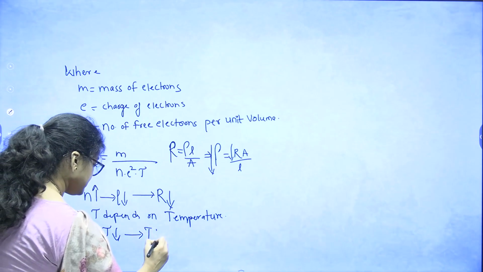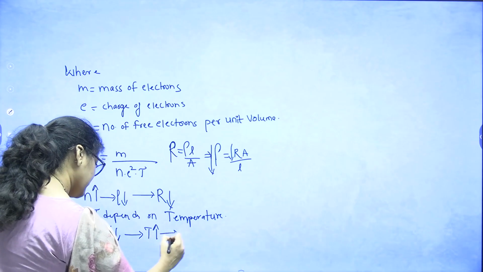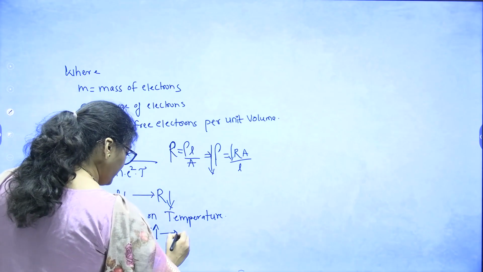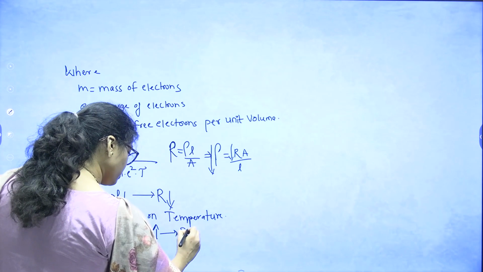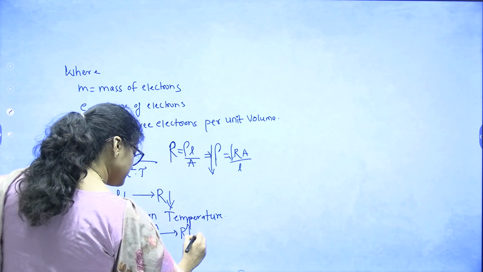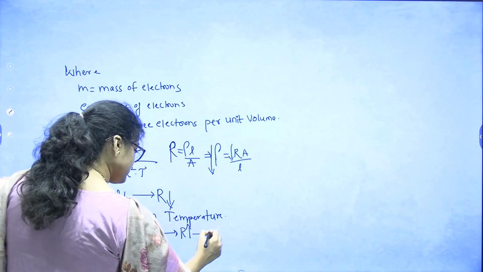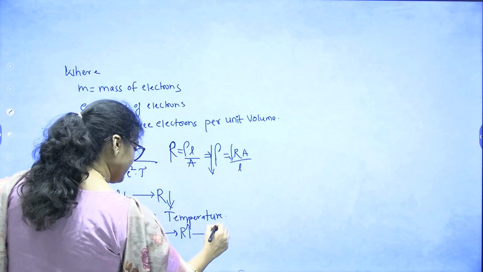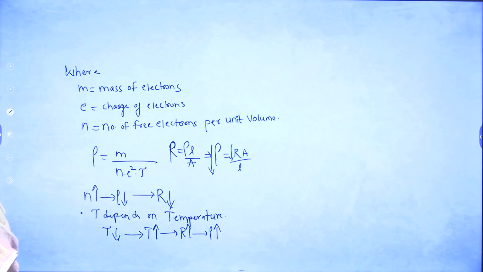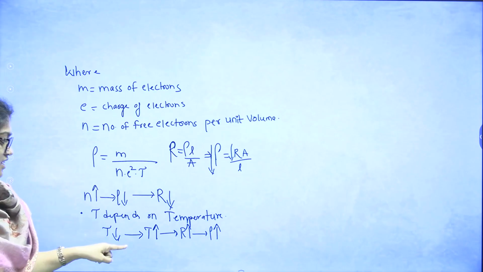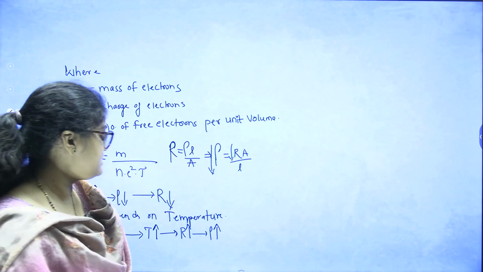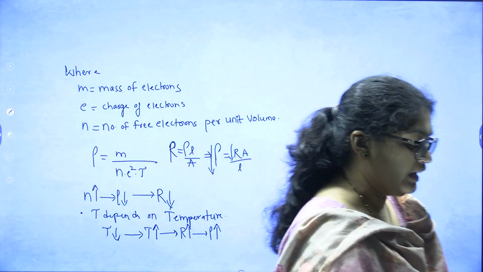Temperature will increase. If temperature increases, resistance will increase. If resistance increases, resistivity also will increase. If tau decreases, temperature increases, resistance will increase, and resistivity also increases.